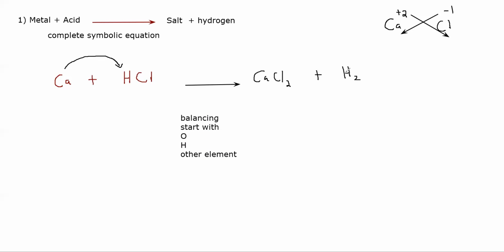Followed by hydrogen. How many hydrogen on my right hand side? 2. How many hydrogen atoms on the left hand side? 1. So I want to balance hydrogen, so I put 2 here so that hydrogen is balanced. Is it clear? Balancing of hydrogen.